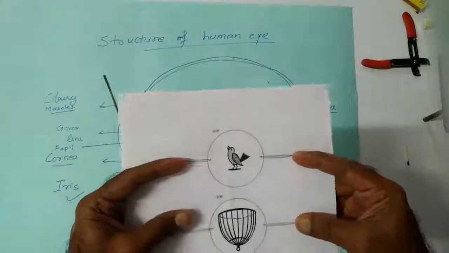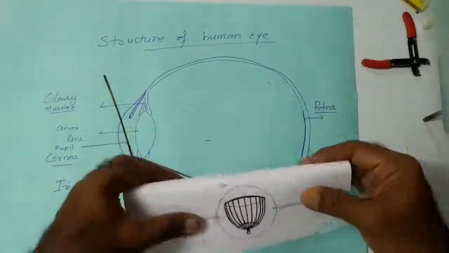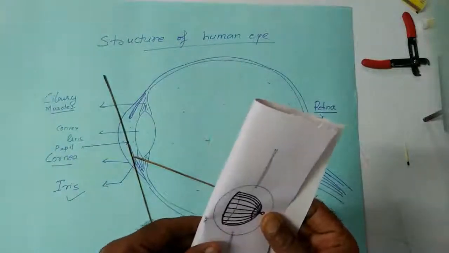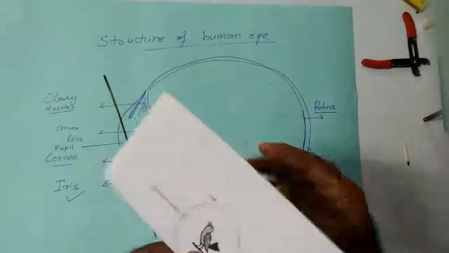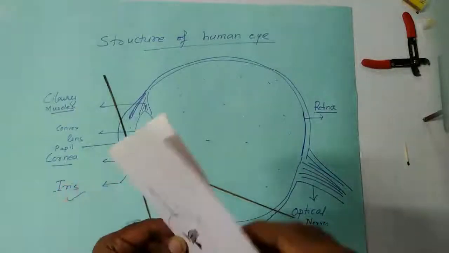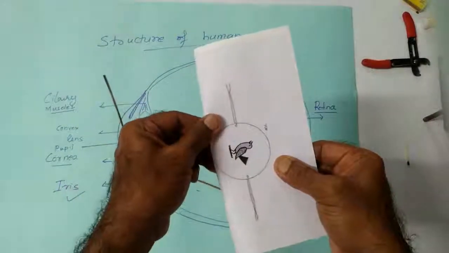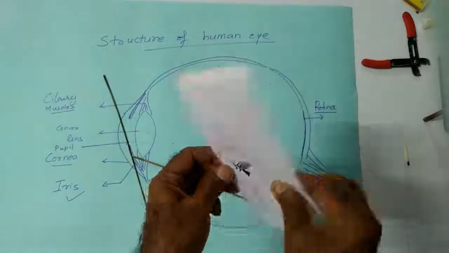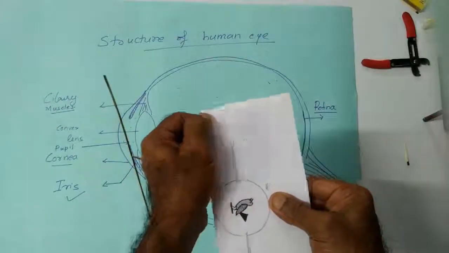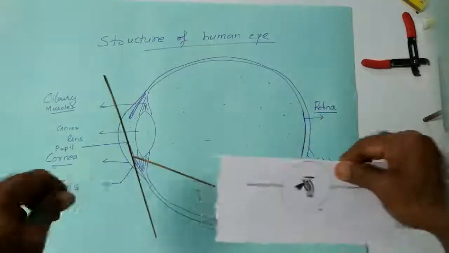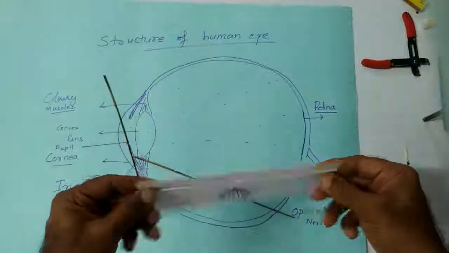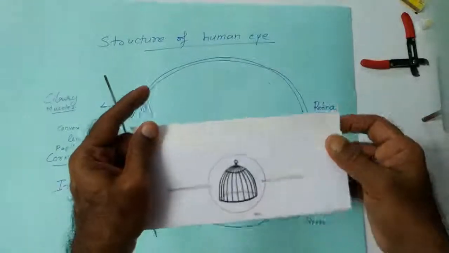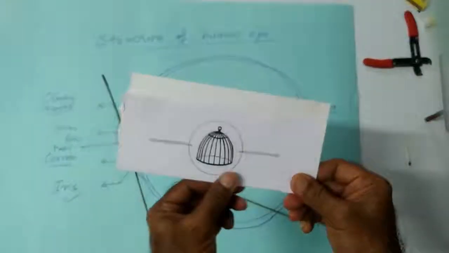What I'm going to do is fold it properly in such a way that these circles overlap exactly one below the other, right? So they should be exactly one below the other. So this is what a folding is. If you want, you can even cut this also. Let me keep this as it is, right?